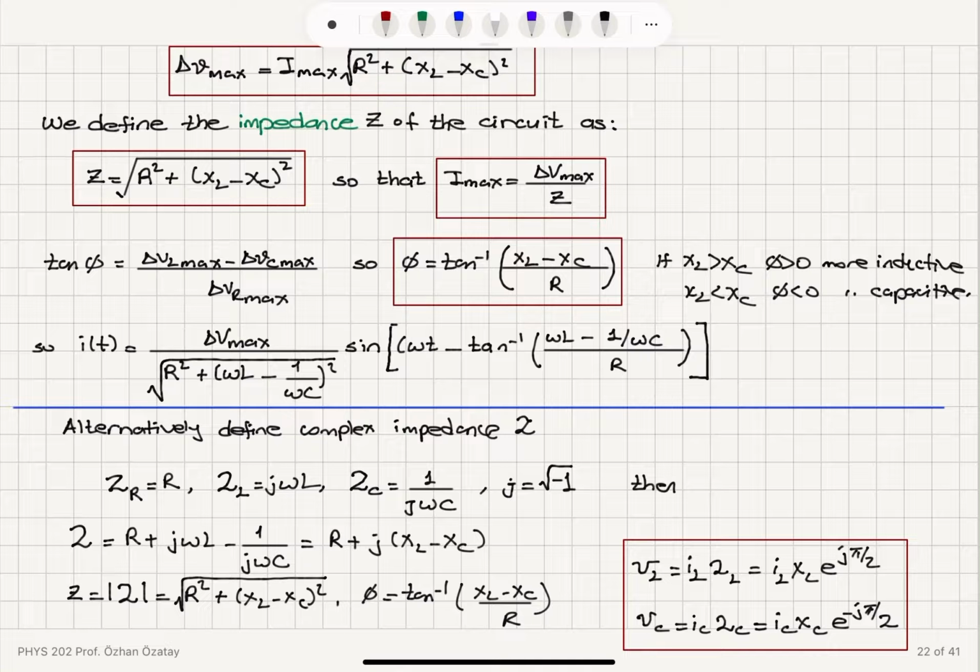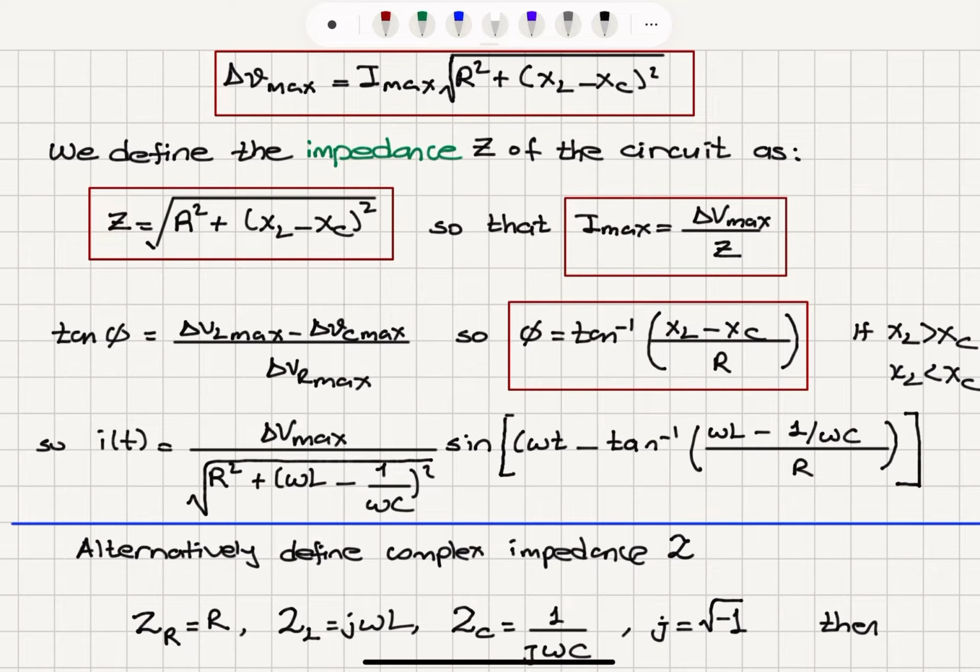But for the series connection, there is an effective frequency-dependent resistance that belongs to the circuit that we call the impedance of the circuit. So the impedance of the circuit is the square root of R squared plus the quantity XL minus XC, squared. Why? So that we can write I max as delta V max over Z, which mimics Ohm's law.